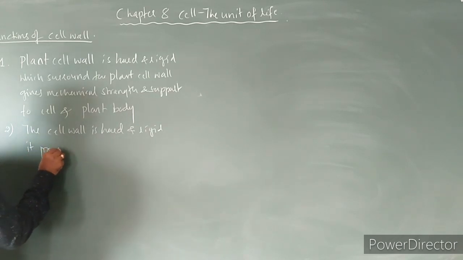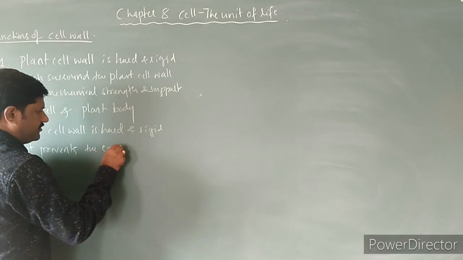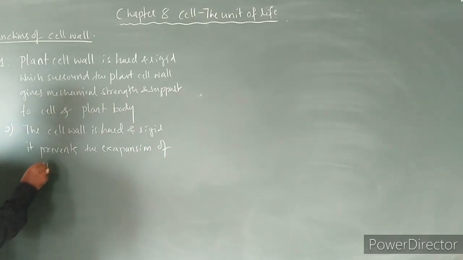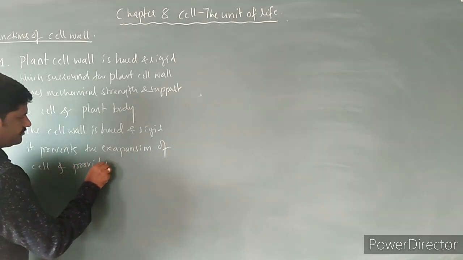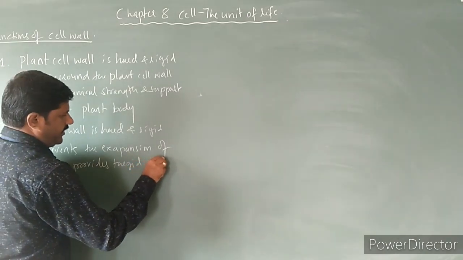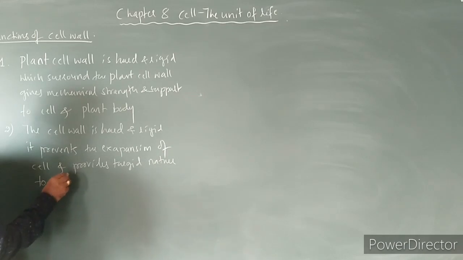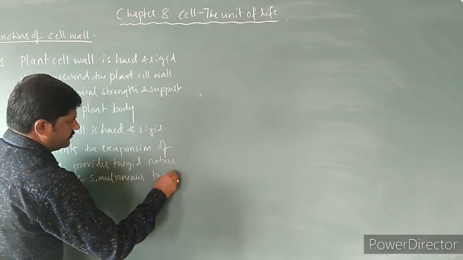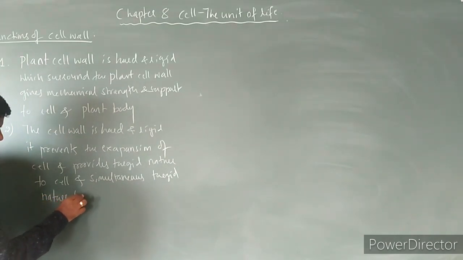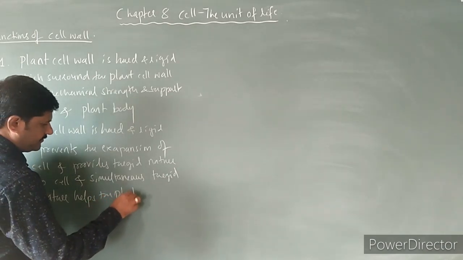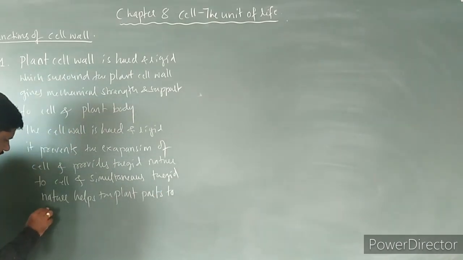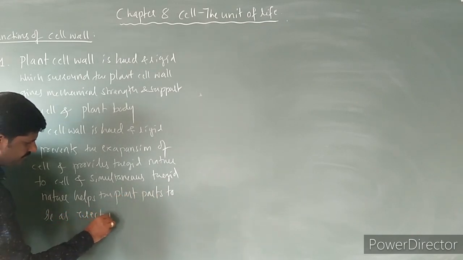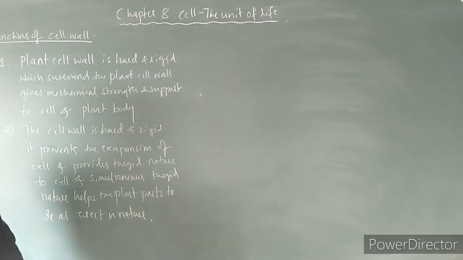It prevents the expansion of the cell and provides the rigid nature to the cell, and simultaneously the turgid nature helps the plant parts to be erect in nature.